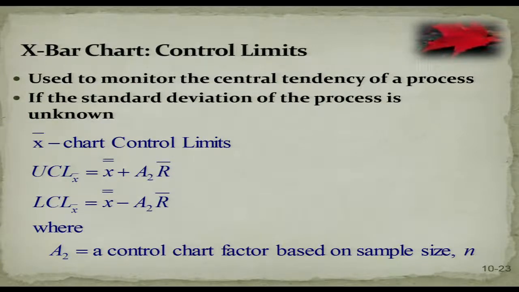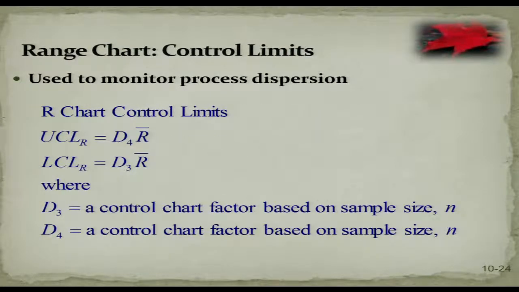The second type is that if we don't know the standard deviation of the process, we can still build our control charts, by using the tables we have introduced in the textbook. For any sample size n, we find the corresponding A2 and plug it into the formula, and we get the control chart.